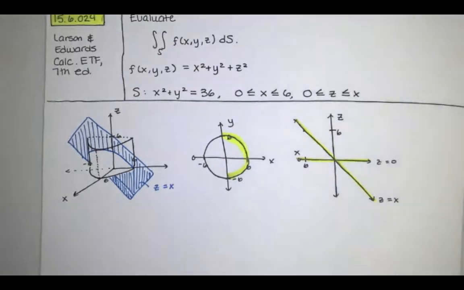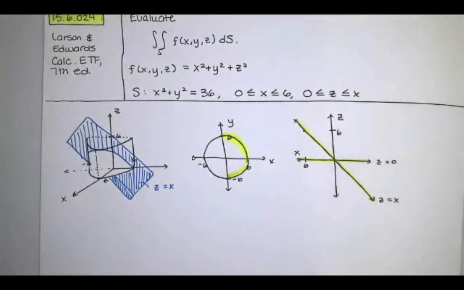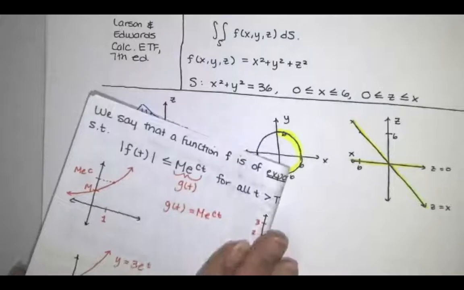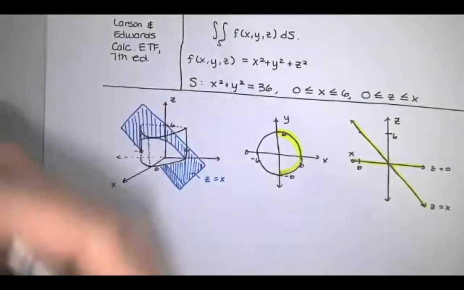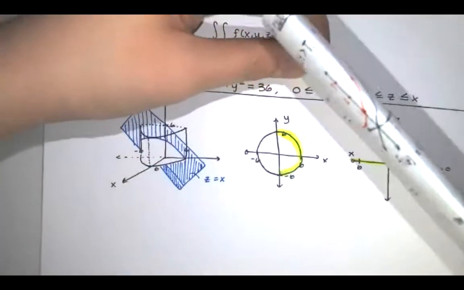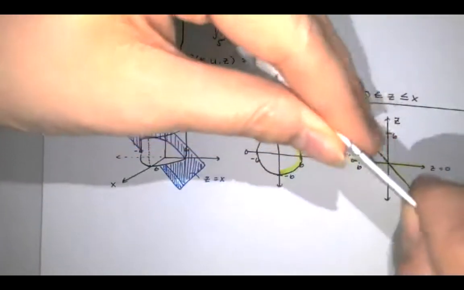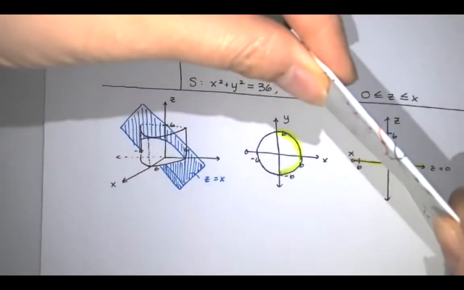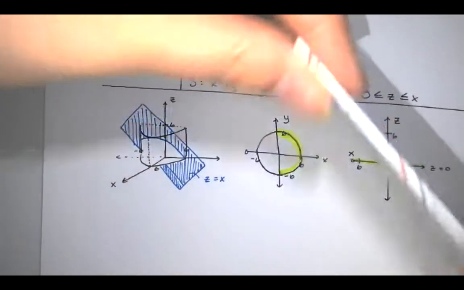Even though it looks like a line, you say that z is equal to x and y is free to be anything. So this is like a plane that looks like this coming out of the page at us, and it's intersecting with a cylinder.